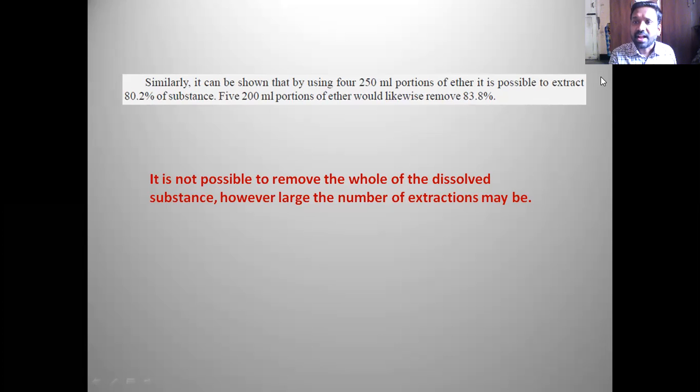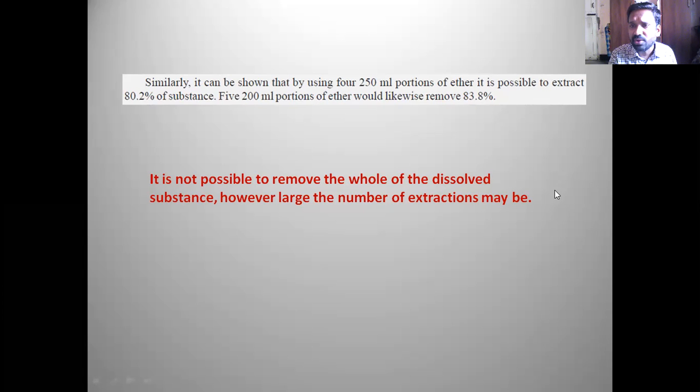Okay, fine. Anyway, this is the continuation of my previous working out of that problem. 250 ml of portion, 100 ml of portion I had taken for my extraction. Now, if I take 5 portions of 200 ml of ether, you will get 83.8% extraction.